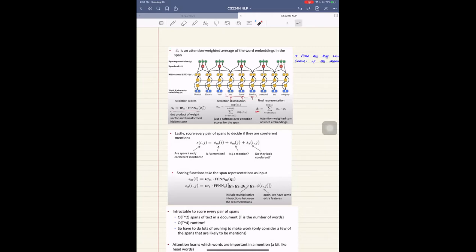We re-encode the span, biased towards one specific keyword. So what is the keyword, or the mention here? Of course, it's "service." This would be the one with the highest attention score.